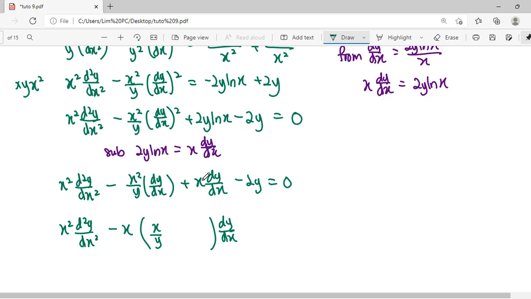Then for this part, x is already factorized out, dy/dx is already factorized out, and the negative is already factorized out, it becomes minus 1. So this is squared. Okay, I made a writing mistake, I missed the square. So when we factorize out one dy/dx, we still have another dy/dx here.